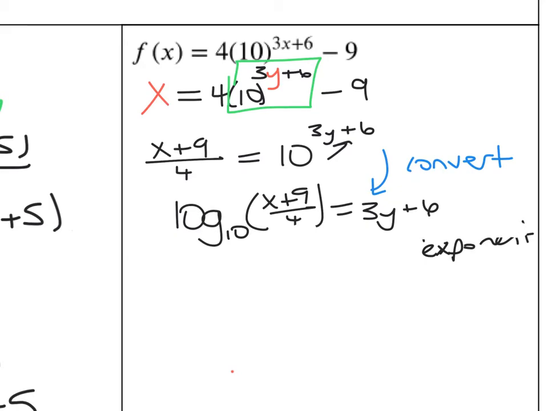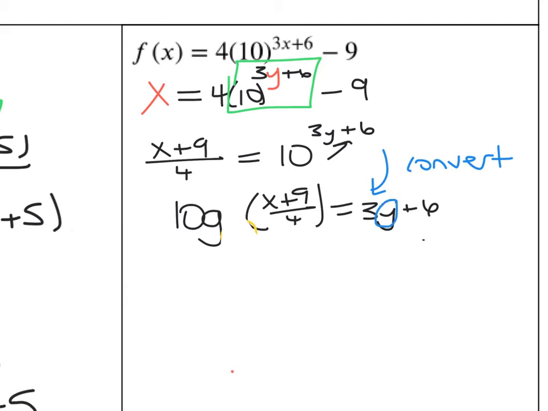Now this one is a special situation. I have a base of 10. It's called our common base. I do not need to write that. So for a fully correct answer, I would erase that and just leave it with log. And now if I look at the right side of my equation, to get y by itself, I have two steps.